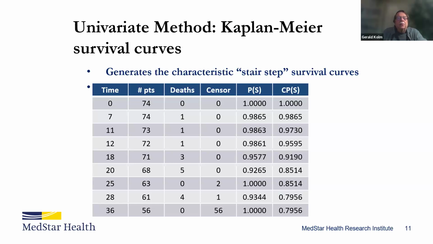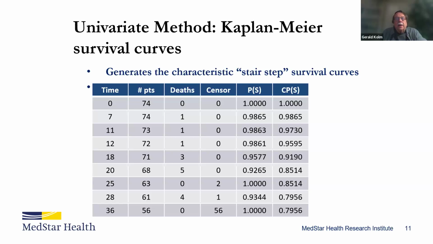And of course, at time 0, no one has died and no one is censored. So the probability of survival at time 0 is 1, and the cumulative probability of survival is also 1. Then at the next time interval, say month 7 or year 7, whatever the unit of time is, we still have 74 patients in the analysis, but there's 1 death.